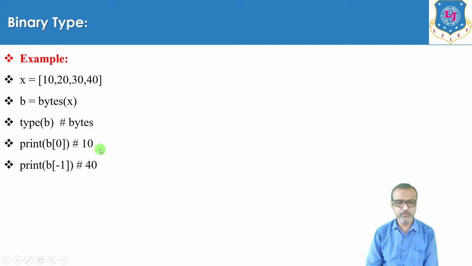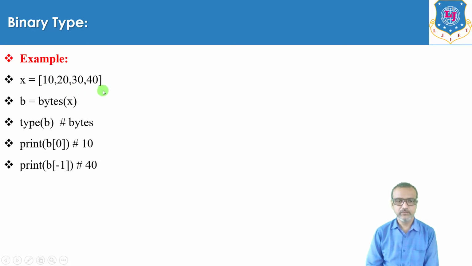Print B of 0 will give us the output as 10, because in B at index 0 we have 10, at index 1 we have 20, at index 2 we have 30, and at index 3 we have 40. If you just move in this direction, that is from left to right, you have to count index from 0 onwards.